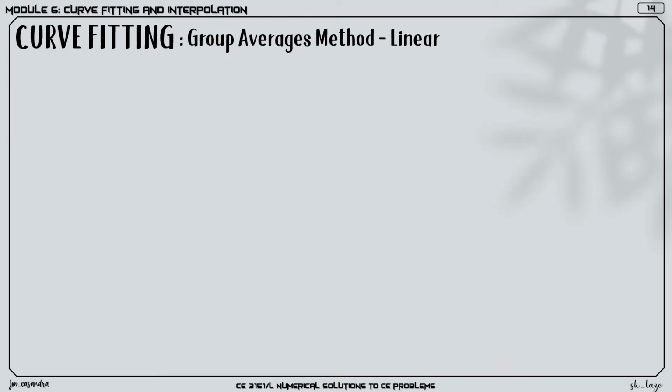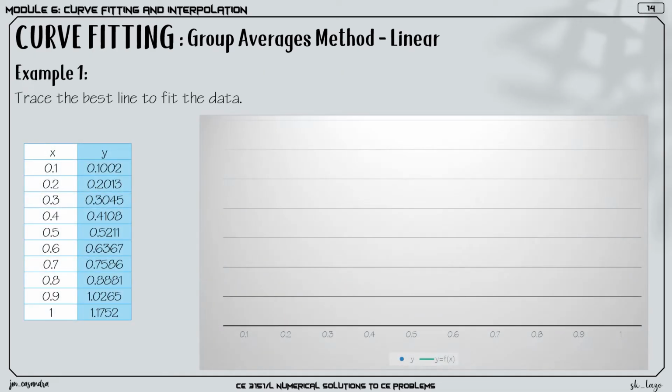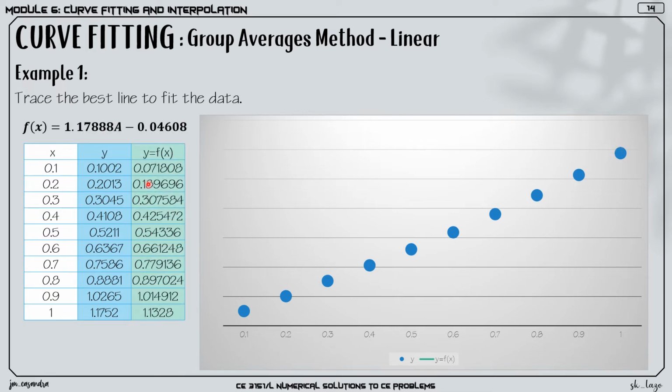So to have now a graphical representation of our solution, for example number 1, so we were given x and y. So this is our plot for the given values, and for our best line fitting, the best curve that would fit the relationship between x and y, it will now be given by our solved equation, and these are the values of y.